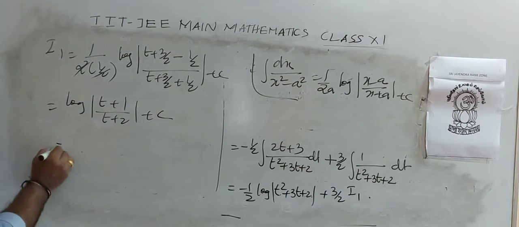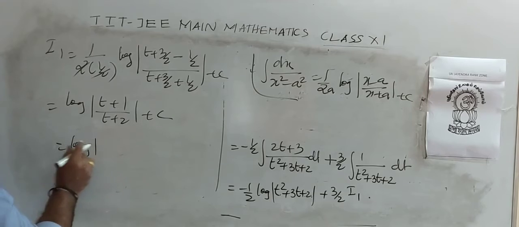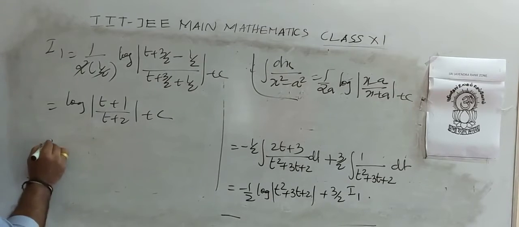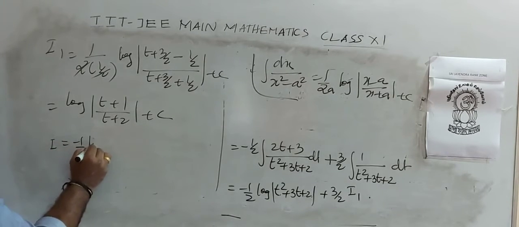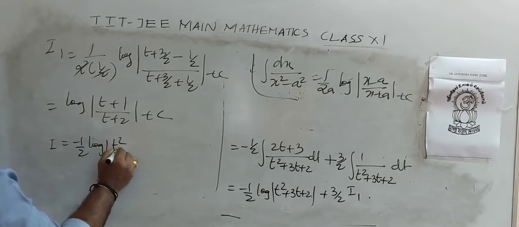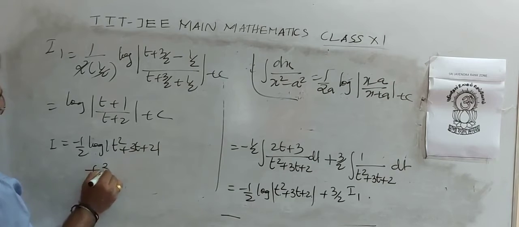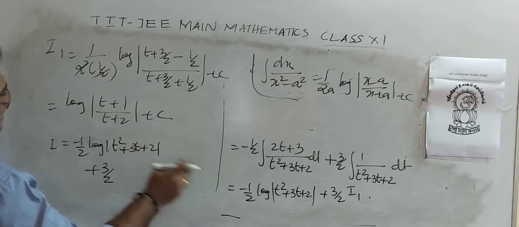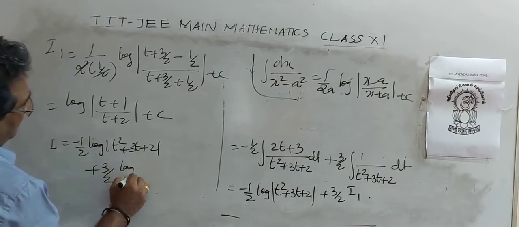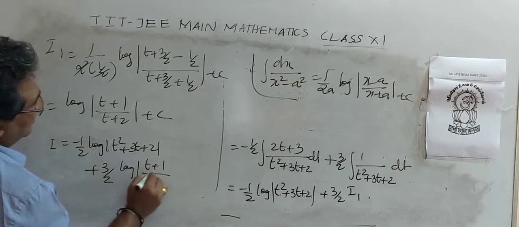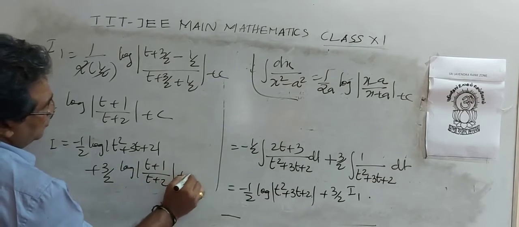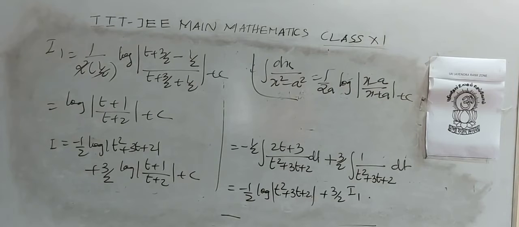That is, I equal to minus 1 by 2 log modulus of t square plus 3t plus 2 plus 3 by 2, in place of I1 write log t plus 1 by t plus 2 plus c.